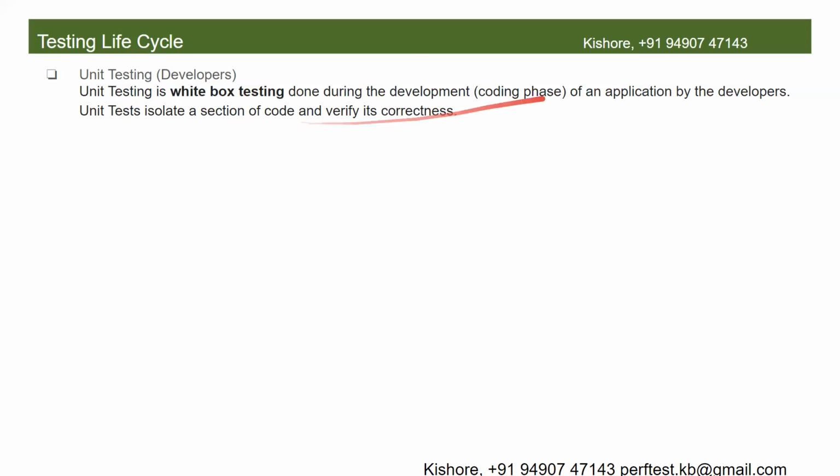Each developer will test their unit of code. Unit means a small piece, right? Unit tests isolate a section of code and verify its correctness, because each developer tests their own piece of code.